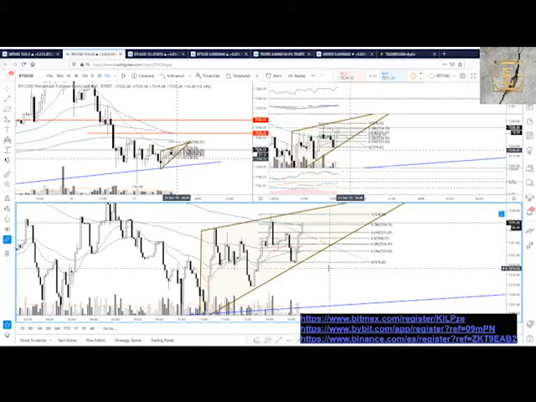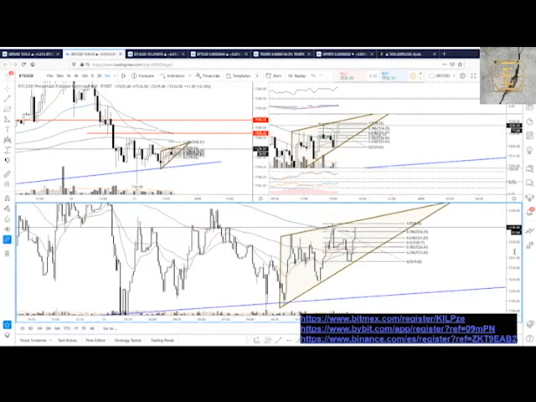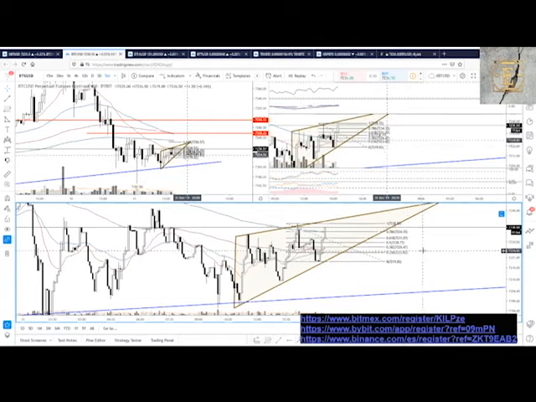That's why the crypto market is the so-called manipulated market. It's because of the lower liquidity. If you want to manipulate the forex market, for example the Euro USD, you need a lot of money, way more money than here. So BYBIT is more exposed to manipulation than BitMEX. You need to know that.